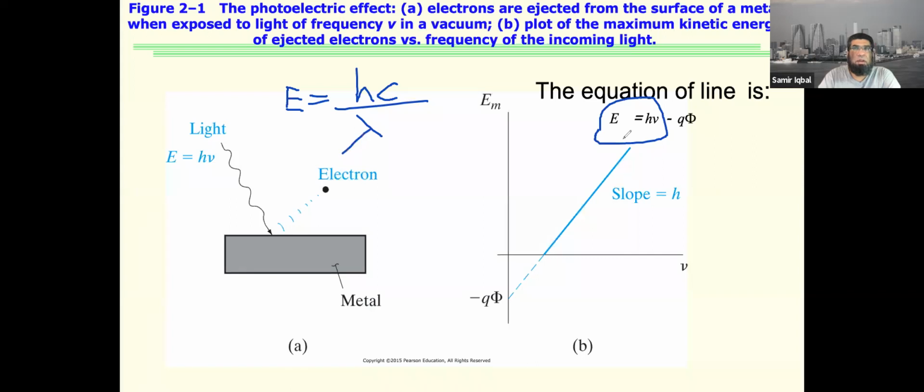This is no different. There's the same relationship because c over lambda is equal to frequency, which is shown as nu here, right? So E is equal to h nu. And we'll talk about what is q phi here, what is the minus quantity here. But so far with me, this is a very fundamental relationship, and it's called dispersion relationship.